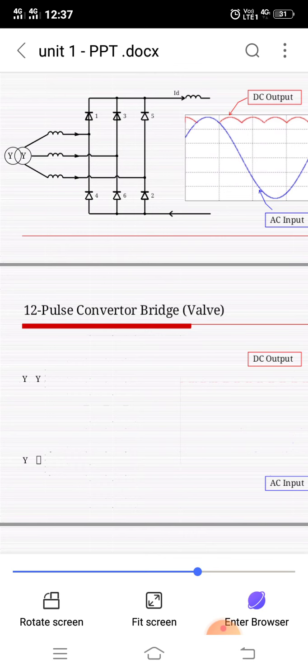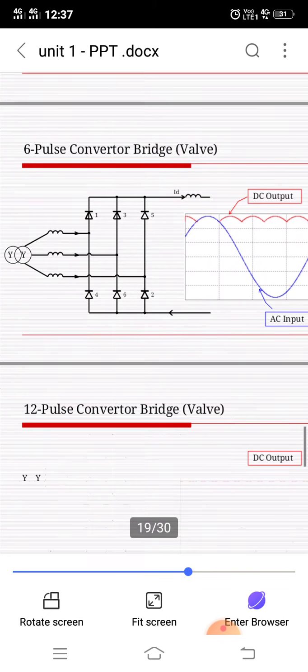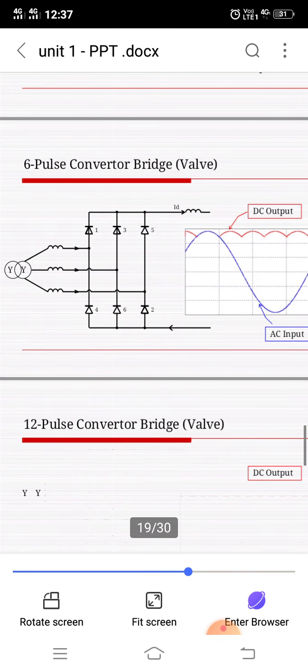This is a serial connection of two fully controlled 6-pulse converter bridges and requires two three-phase systems which are spaced apart from each other by 30 electrical degrees. The phase difference is effective to cancel out the 6-pulse harmonics on the AC and DC side. So this combination of converters is usually used in HVDC converter stations.